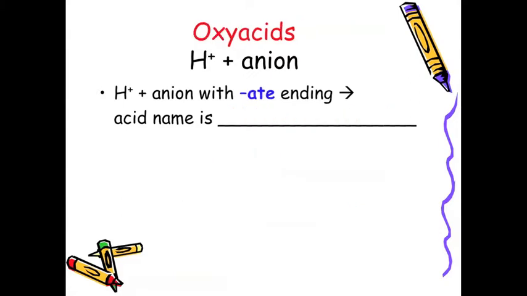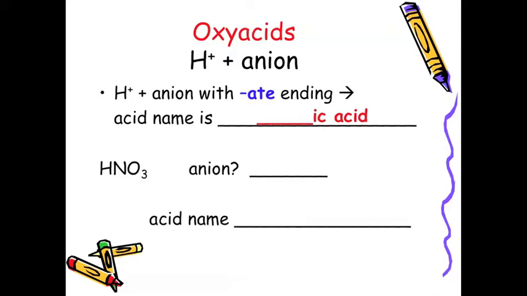Oxyacids are a little bit different. They include more elements than just two. So H plus an anion with "ate" at the end of it, you get an acid name of blankic acid. So it's just like the binary acids, but without a hydro at the beginning. So HNO3, your anion is nitrate. You can look on the back of your periodic tables for that.